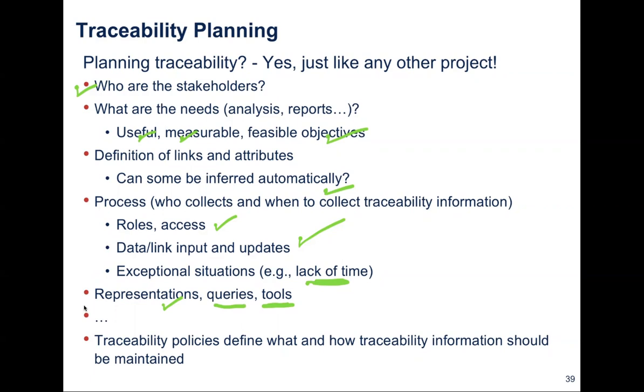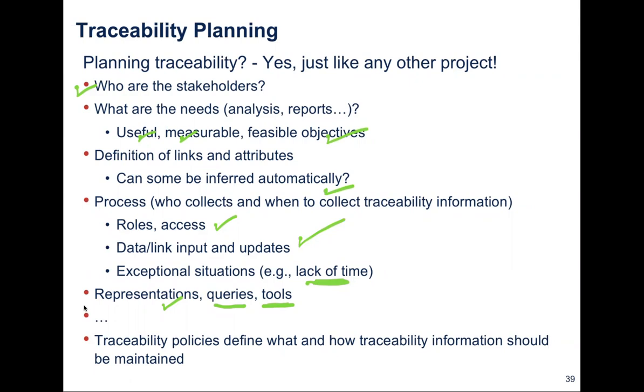In addition to all of these major steps or stages in planning for traceability, you need to include traceability policies because they help in defining what and how traceability information should be maintained.